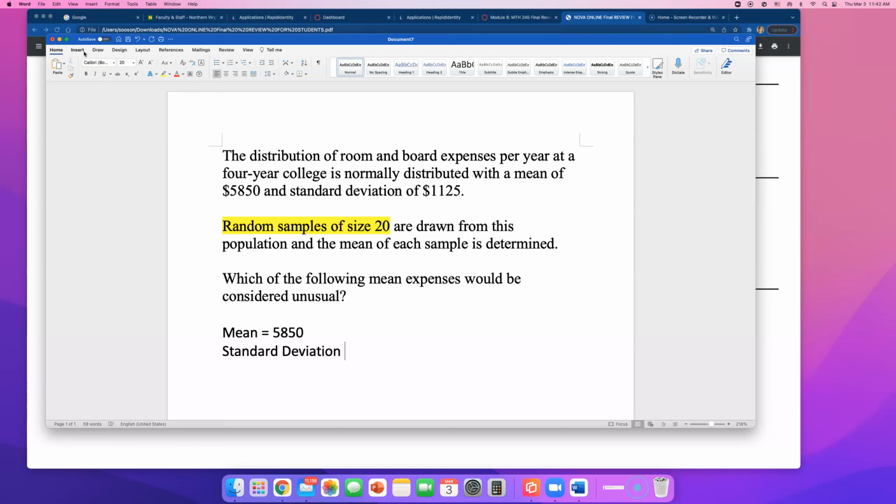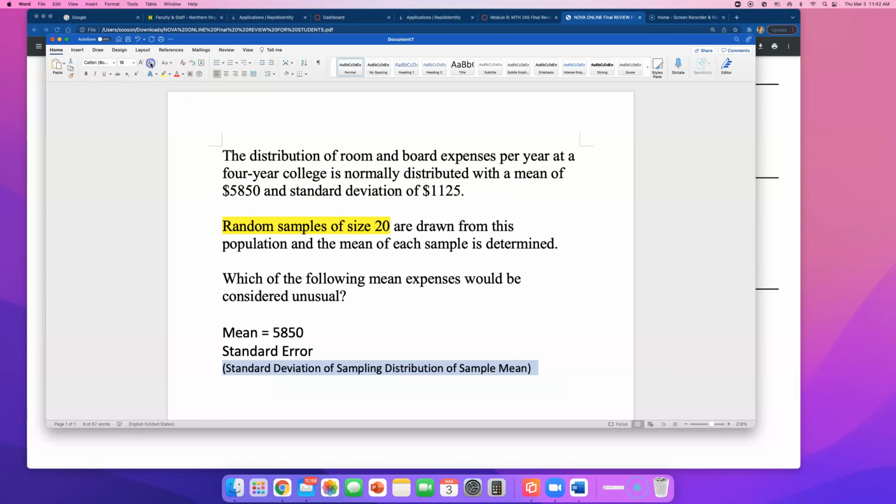That word is so long. I'll just call it standard error. The full name is the standard deviation of the sampling distribution of the sample mean. That's what we mean by standard error here.